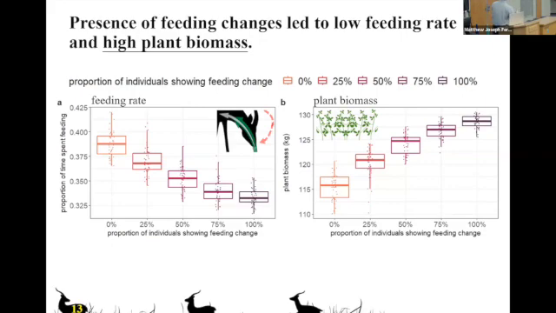And because of a decreased feeding rate, there was a smaller amount of plant consumption. So with feeding changes, there was higher environmental plant biomass compared to 0%, which was absence of feeding changes. The plant biomass could increase by more than 10%. And this shows a top-down effect of the herbivore feeding changes on plants.